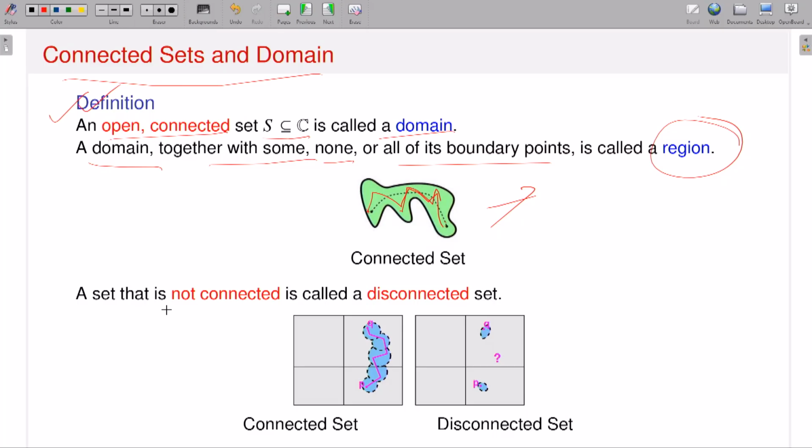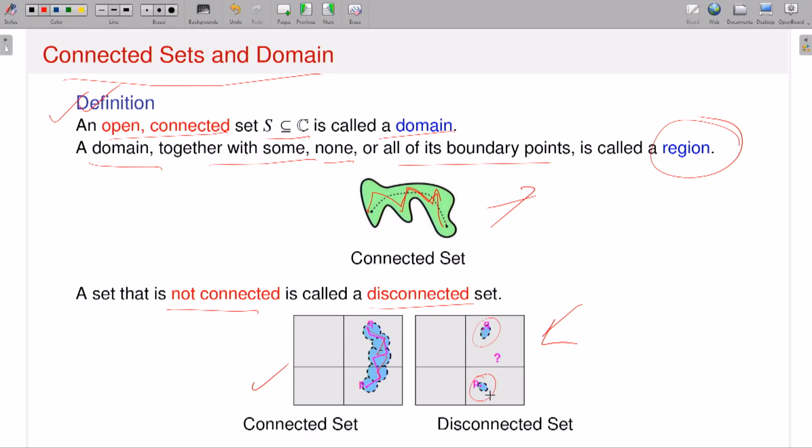A set that is not connected is called a disconnected set. For example, this is a disconnected set. This is a connected set, right? Why? Because if I take these 2 points, I can always join them by a line or polygonal path which is fully contained. But if I take a set which is this union this, then it is disconnected. Why?